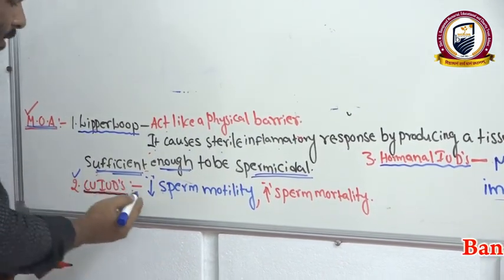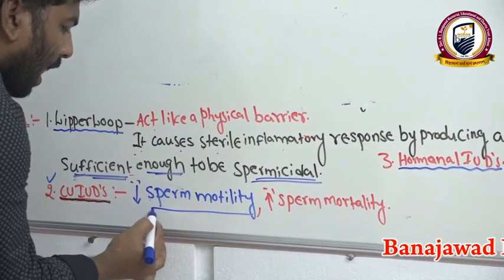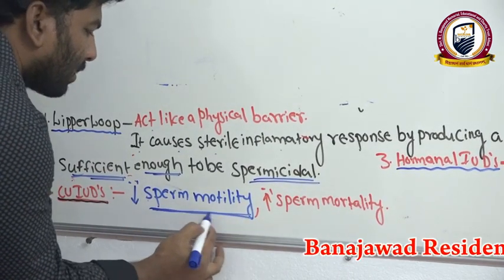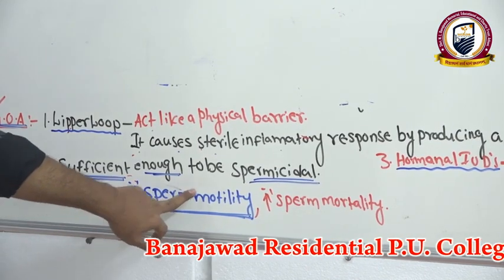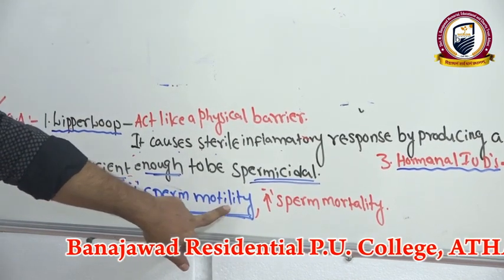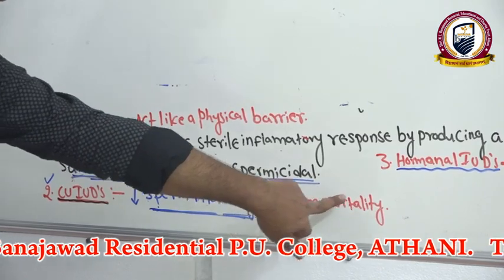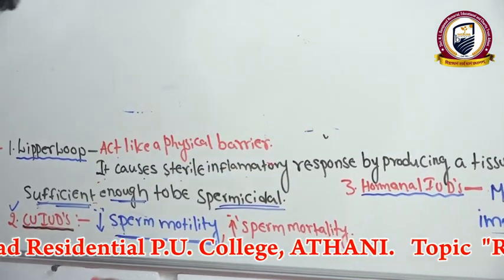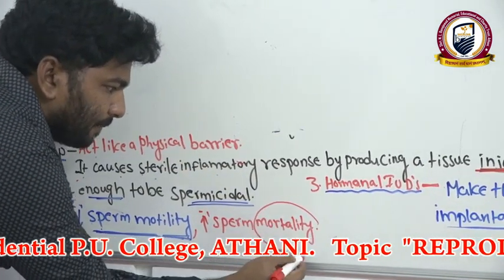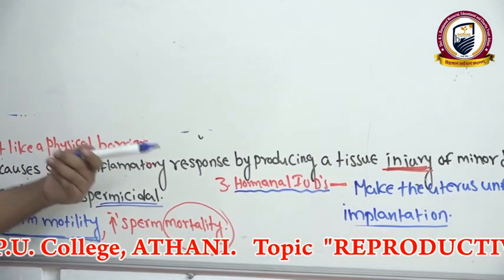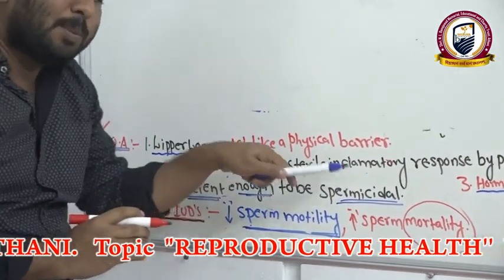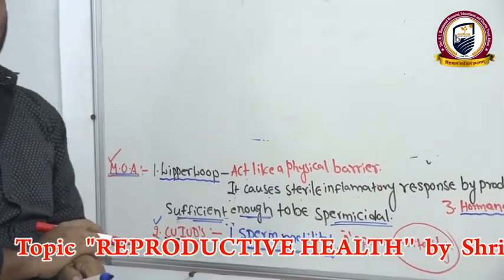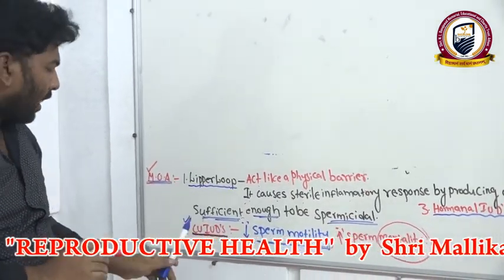These are releasing ionized copper ions. These ions act on the sperms, decreasing the sperm motility and also increasing the sperm mortality. Mortality means nothing but death, and motility means movement. Are you getting? Okay, right.